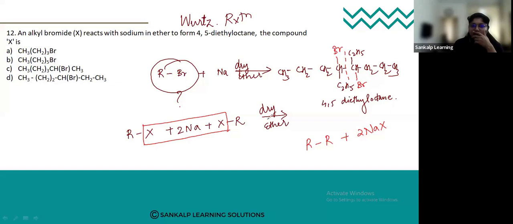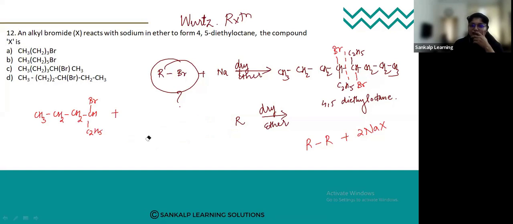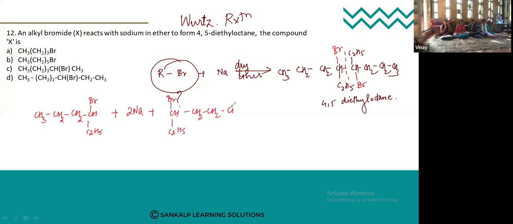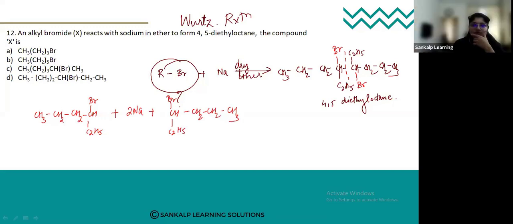So my two alkyl halides will be CH3, CH2, CH2, CHBr, C2H5 plus 2Na plus CHBr, C2H5, CH2, CH2, CH3. So what is removed?